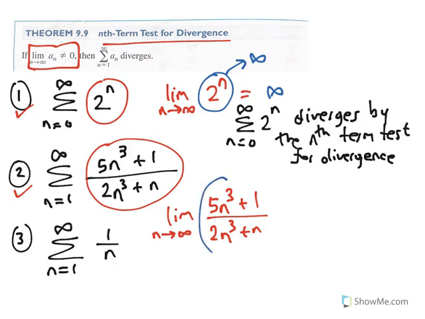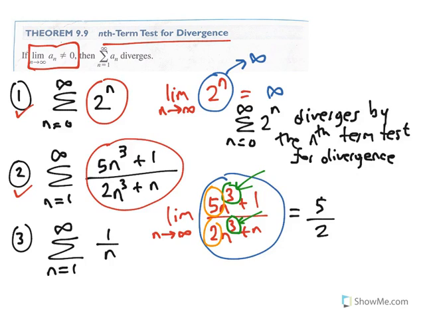And what we have here is a rational function where the degree of the numerator is the same as the degree of the denominator. So when you take the limit of this rational function as n goes to infinity, because the degrees of the numerator and the denominator are the same, you look at the quotient of the leading coefficients. So this limit is equal to 5 over 2, which is not equal to 0.